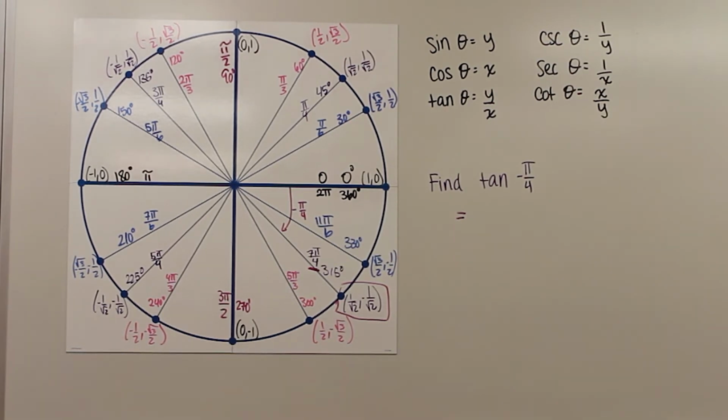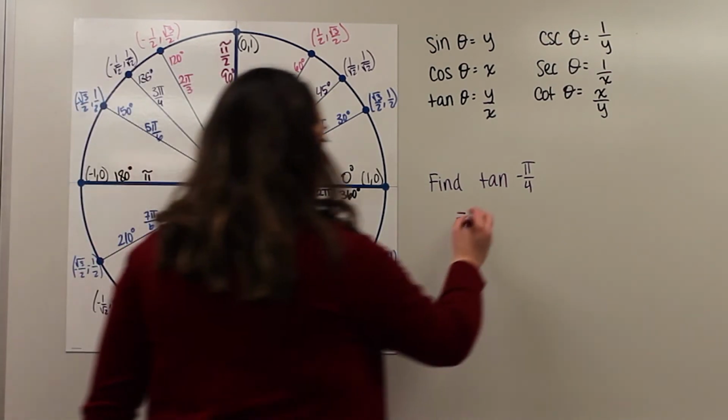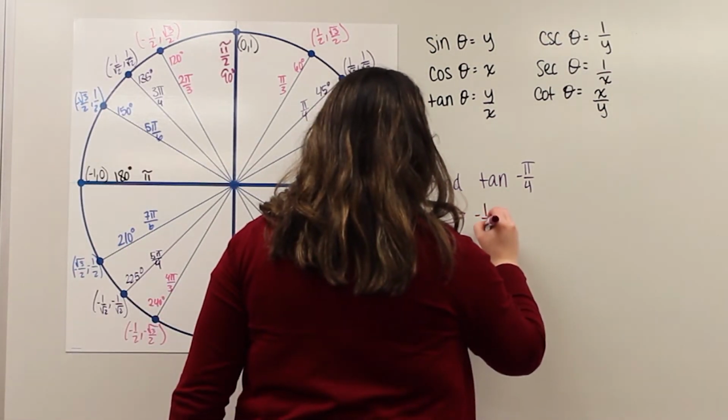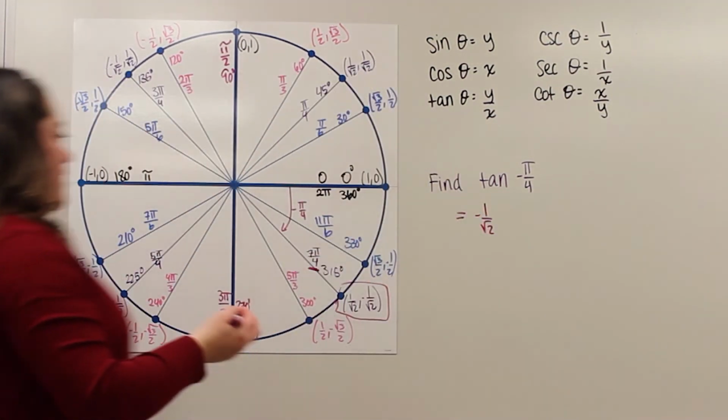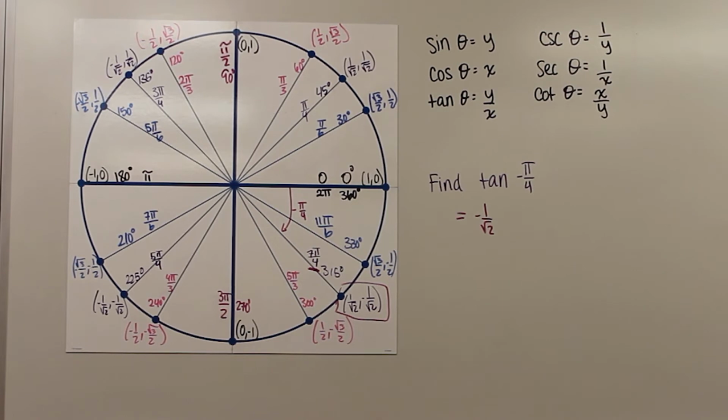So my y value here is a negative 1 over square root of 2. If you're using the other value, it really doesn't matter because you'll end up with the same thing no matter what. And then I'm going to divide by 1 over the square root of 2, my x value right here.